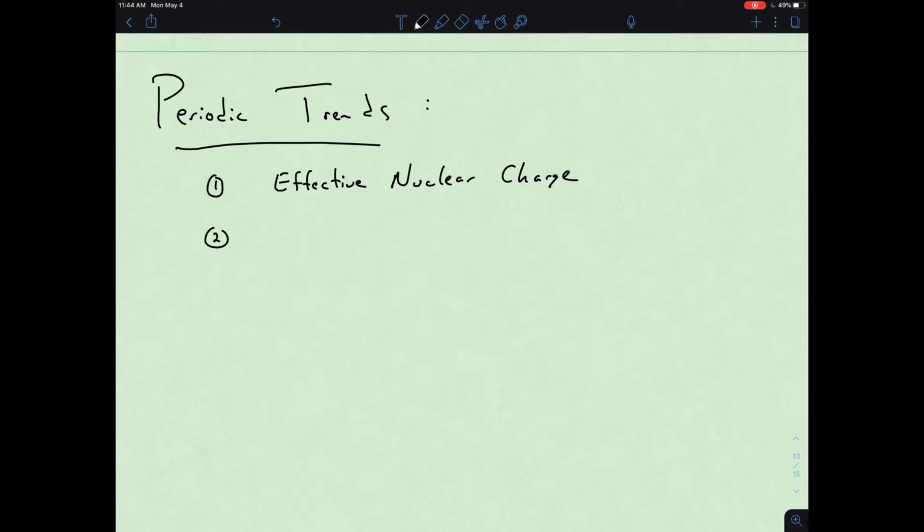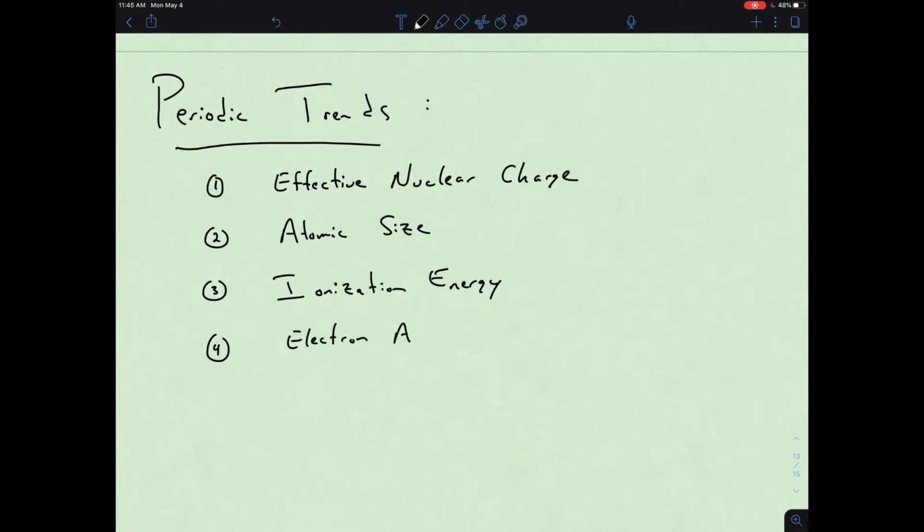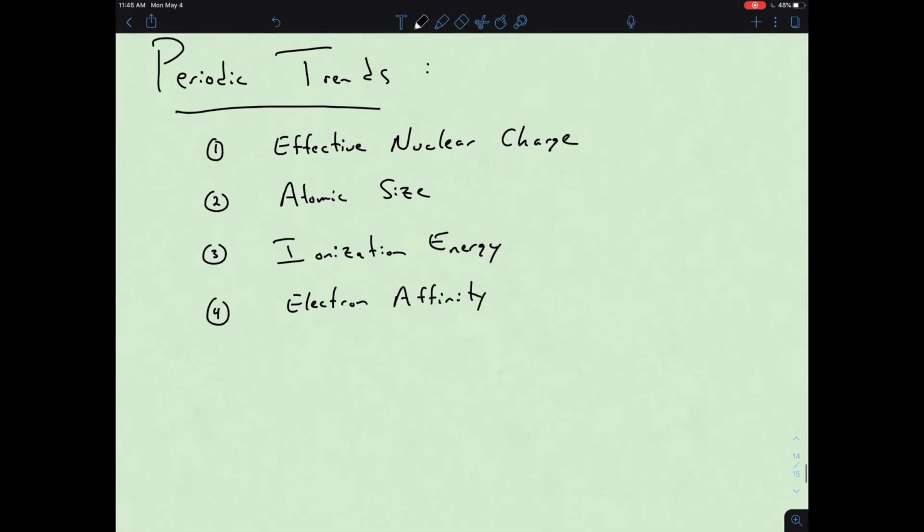We have atomic size. We have ionization energy. We have electron affinity. And we have metallic character.